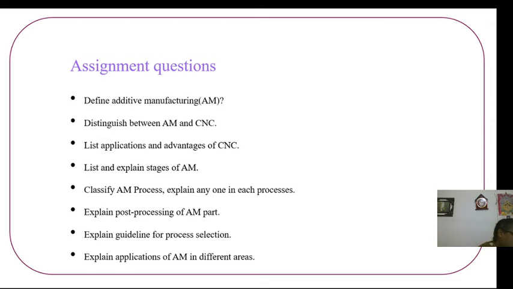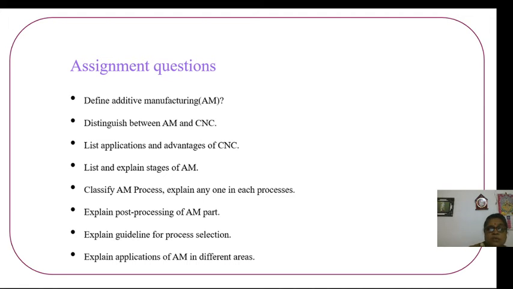Then the advantages of AM, and the stages of the AM process, that is the steps involved, converting the design CAD model, then STL, etc. So many processes are involved.